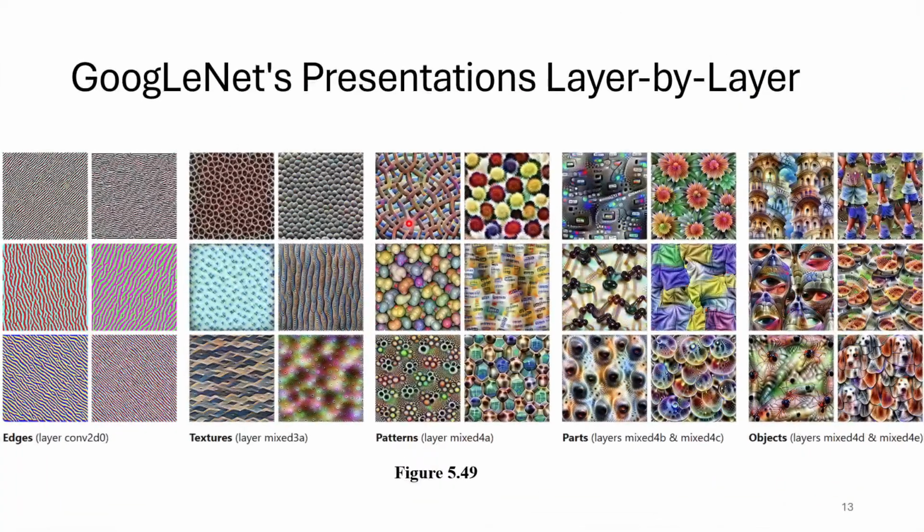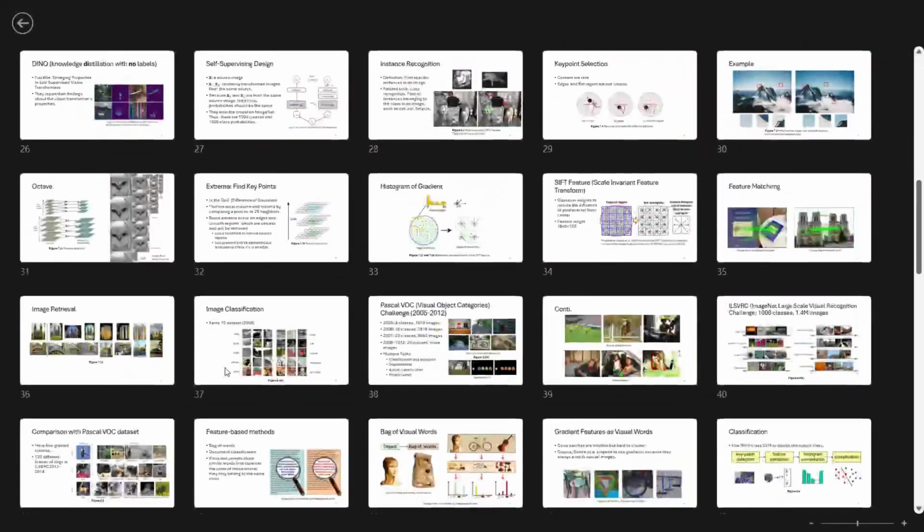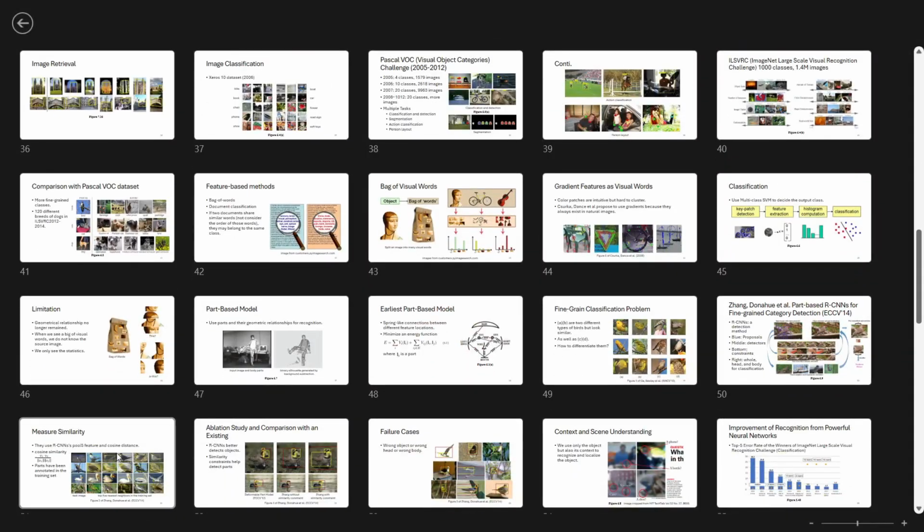As you can see from this architecture, the layer at the top can recognize the shape. Therefore, in the RCN network, they also recognize the shape.